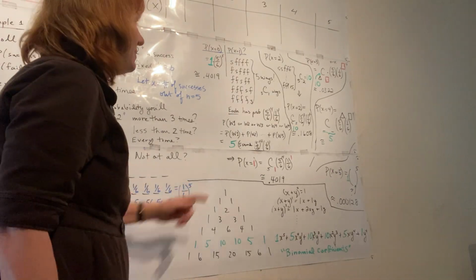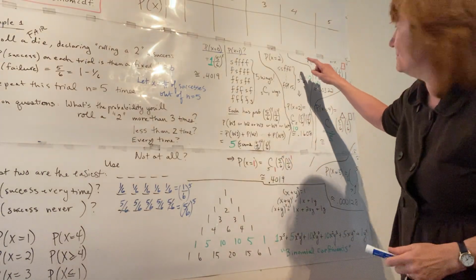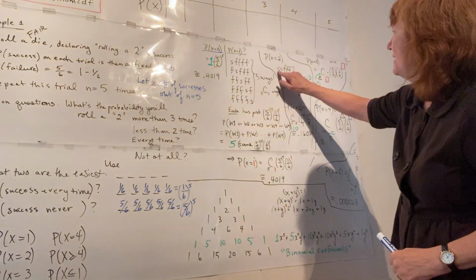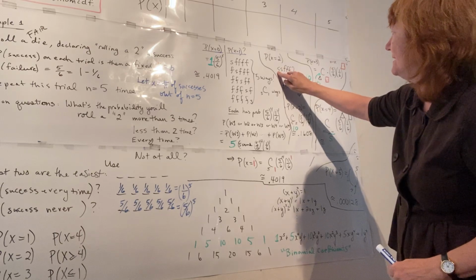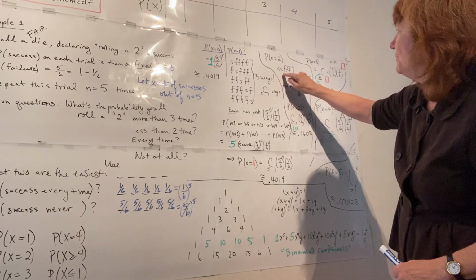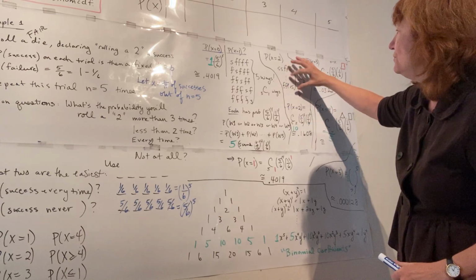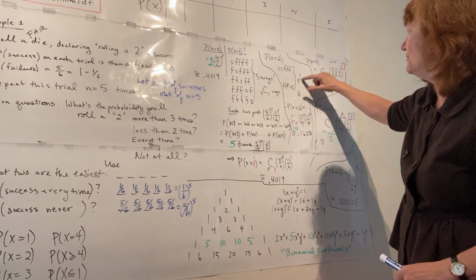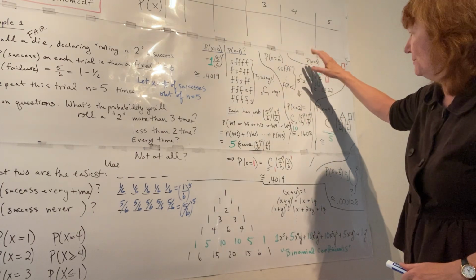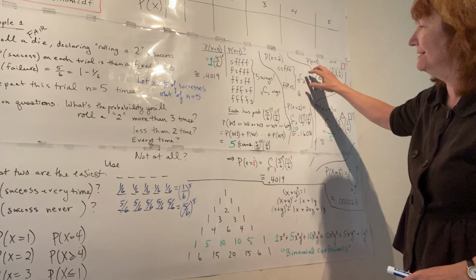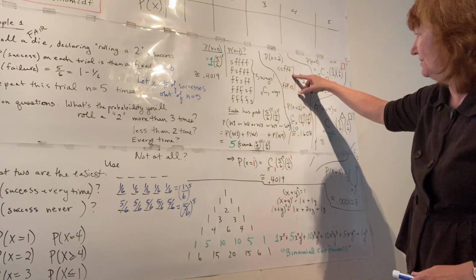Okay, now the probability that x is equal to 2. Now we're getting somewhere, right? So now you could have 2 successes at first, or you could have another success in here, or in here, or in here, or you could keep moving the 6. How many ways are there to choose 2 out of 5? 5 choose 2 is equal to 10. You could list them all out, but the point is there's 10 different ways you could get 2 successes and 3 failures.